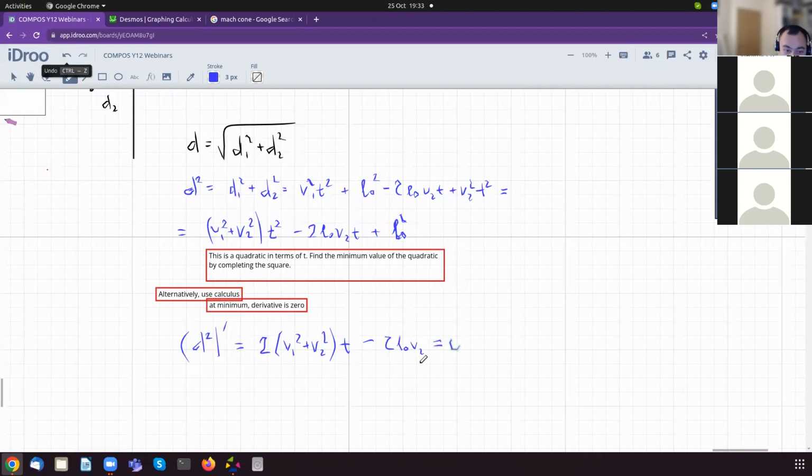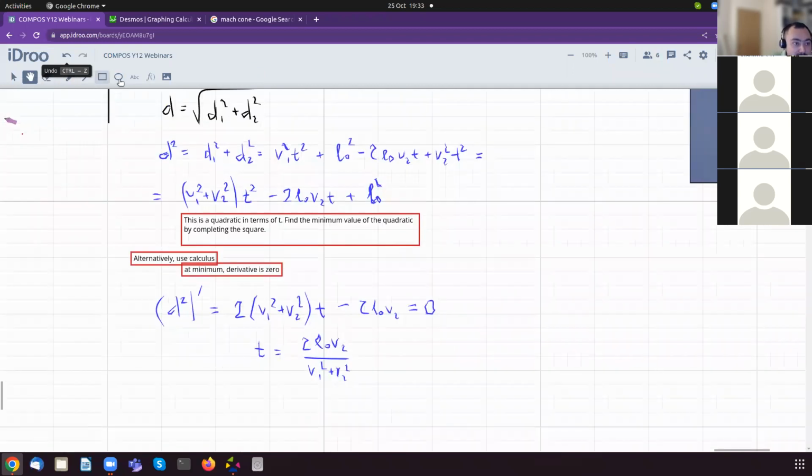So this has to be 0. And then we have t is equal to 2 L0 V2 divided by V1 squared plus V2 squared. Oh, we missed the 2, which is L0 V2 divided by V1 squared plus V2 squared.